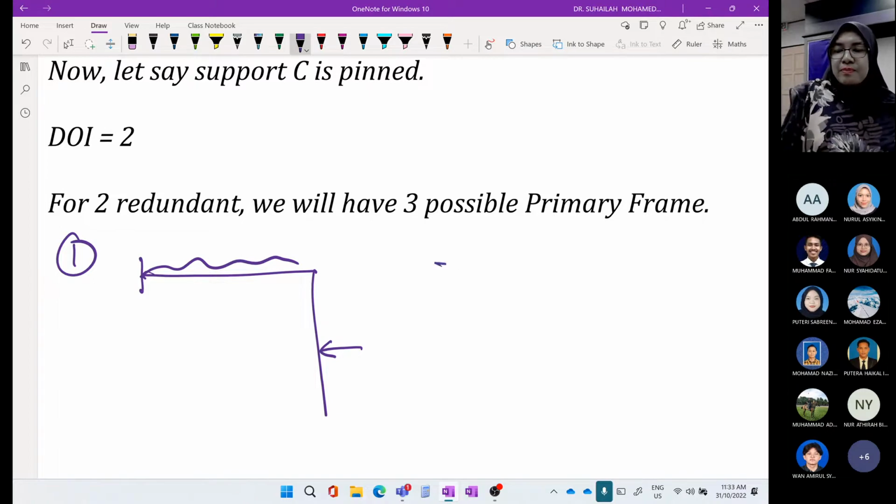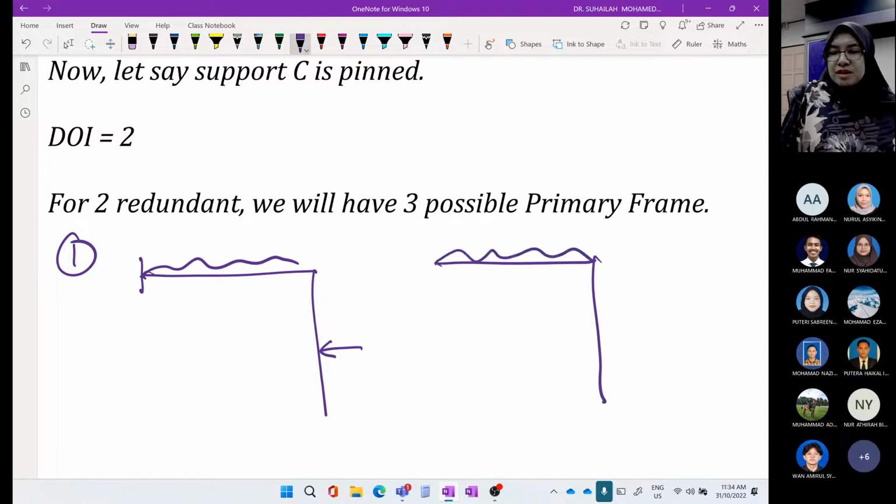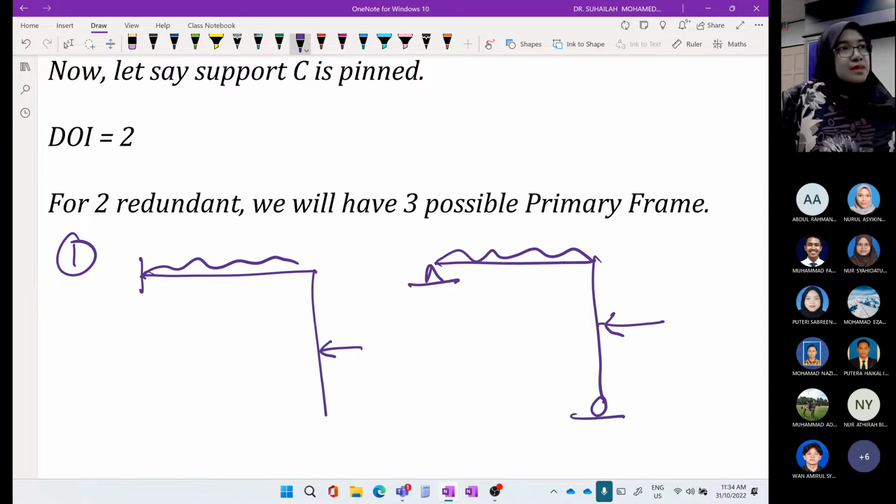We can have possibility number 2, remain external loading. Primary frame, remain external loading. We want to remove 1 from A, 1 from C. Remove 1 from A, it become pin. Remove 1 from pin, it become roller.